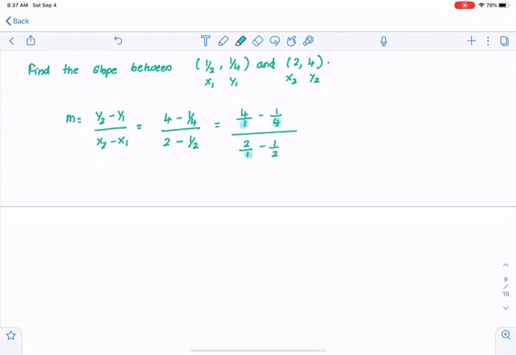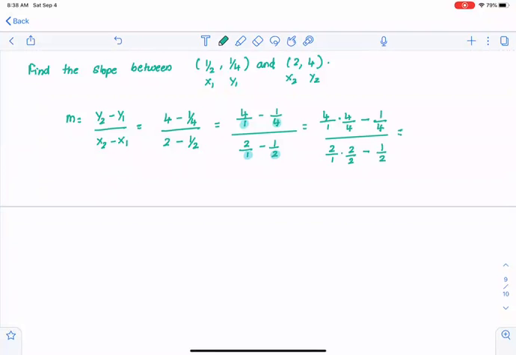The common denominator that we need is 4 on the top part and 2 on the bottom. To get that, I'm going to multiply and divide the first term by 4, and multiply and divide the first term in the denominator by 2.